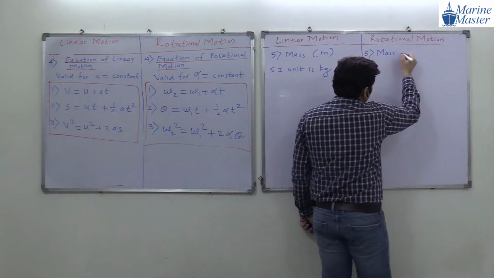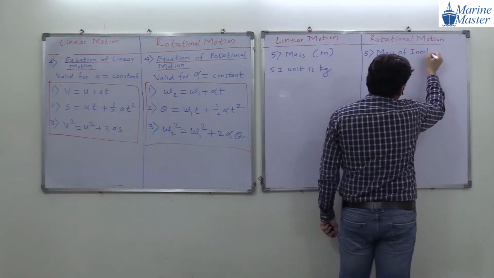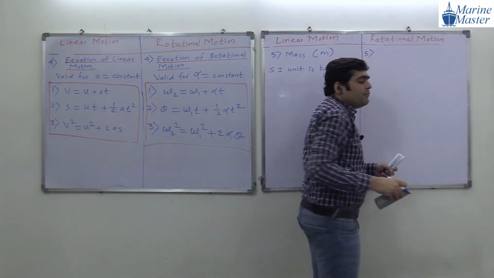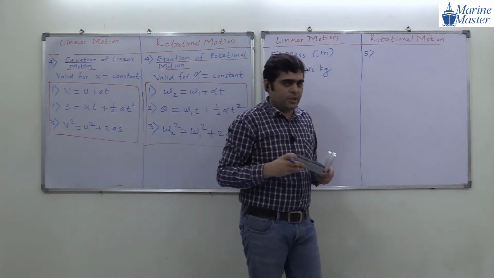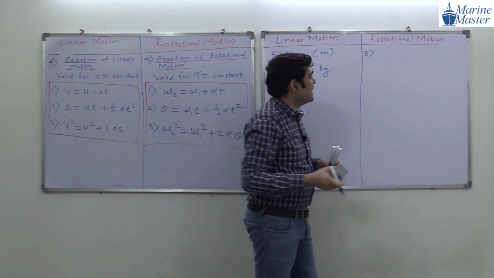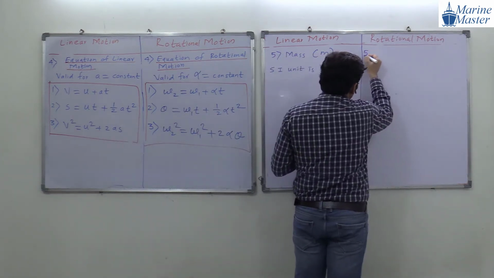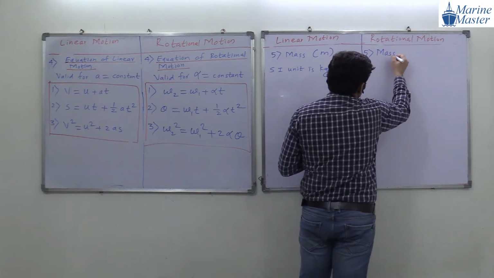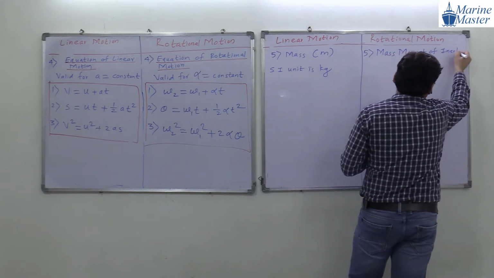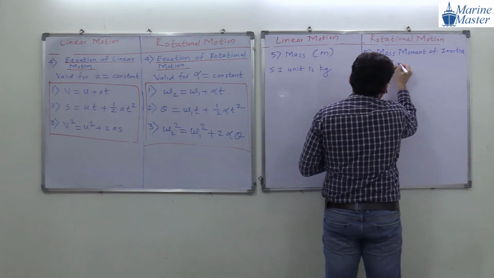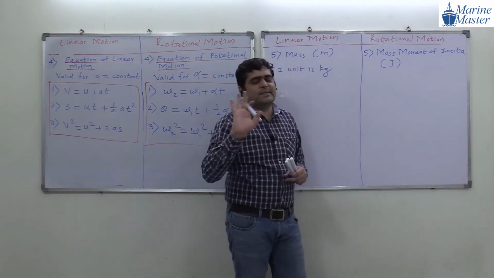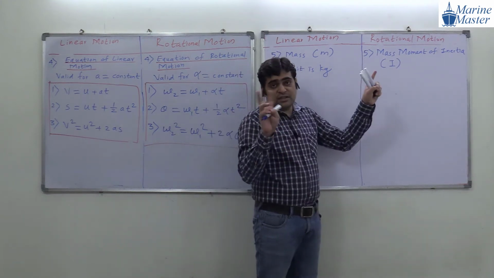Whatever formula I give you, you have to memorize that formula. There are two types of inertia in mechanics. One is mass moment of inertia, another is area moment of inertia. Area moment of inertia will come in strength of materials, in shear force and bending moment diagrams. Here, mass moment of inertia is denoted by symbol I. Area moment of inertia is also denoted by symbol I, but the difference is their units.